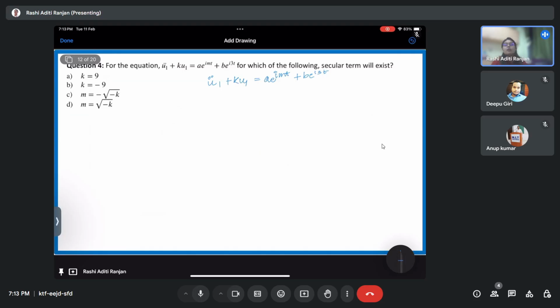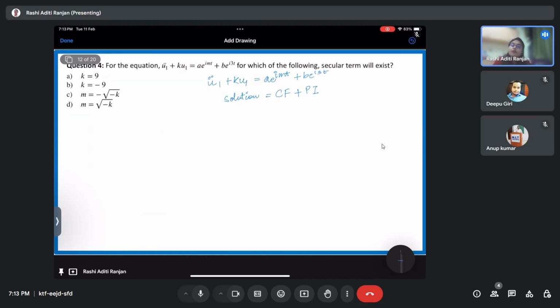Now, if I talk about the solution of a linear differential equation, what is it? It is nothing but complementary function plus particular integral, right?